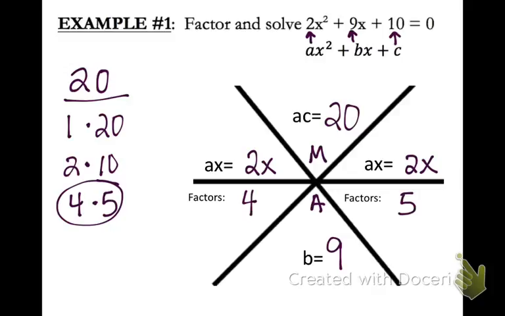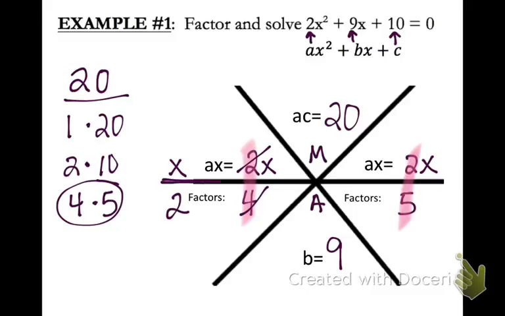Okay, the next step we need to do is simplifying these if possible. So let's start with the 2x over 5. Nothing divides both 2 and 5, so there's nothing to simplify over there. On the left side, though, I can divide both 2 and 4 by 2. So I'm going to divide the top by 2, I'm just going to get x left, and divide the bottom by 2, and I get 2.